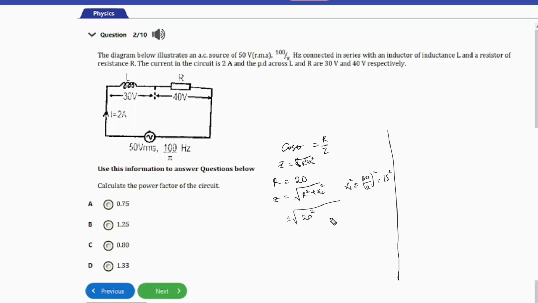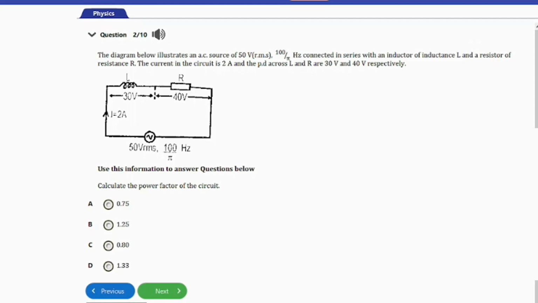So in this case, we'll have 20 squared plus 15 squared, all in square root. That's square root of 625, and that's 25. So now that we have Z to be 25, we can calculate the cos theta, which is the power factor, and that's equal to 20 over 25. So that's 0.8, and that's option C here, guys.